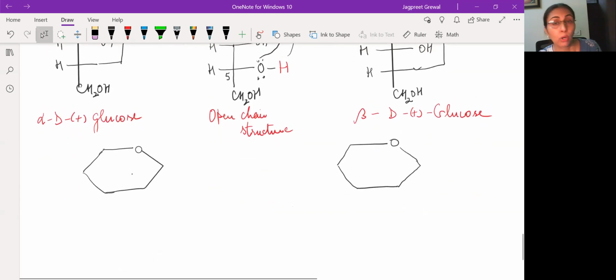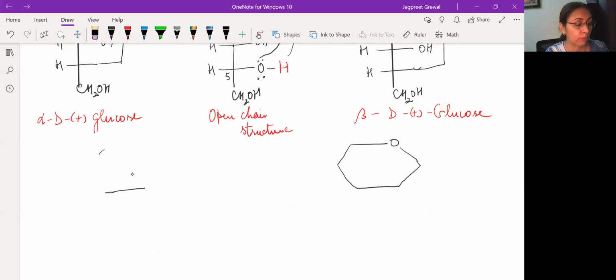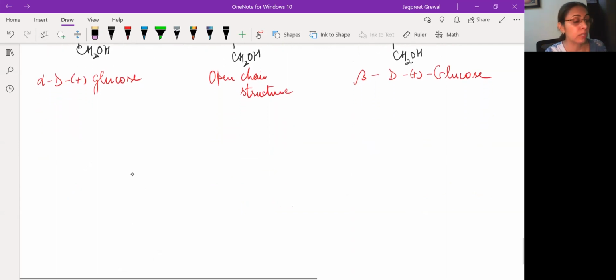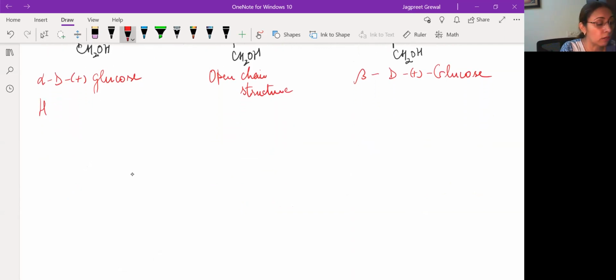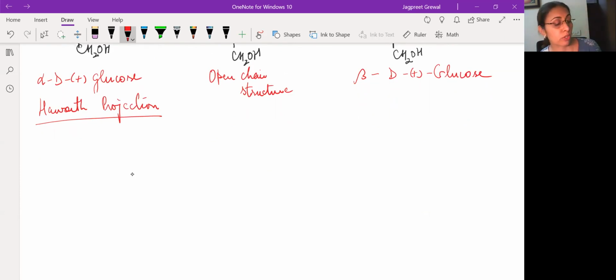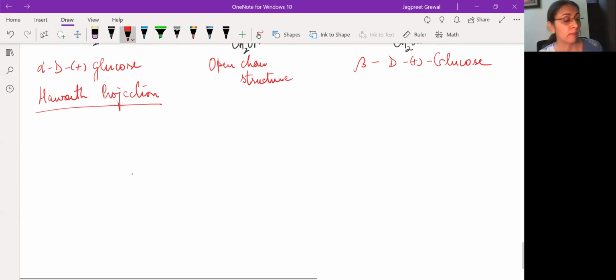Now, how do we draw the structure in a cyclic form? Since it is a cyclic structure, you can make a ring out of it. This method was given by the scientist Haworth, and it is known as Haworth's projections, or Haworth's structures.